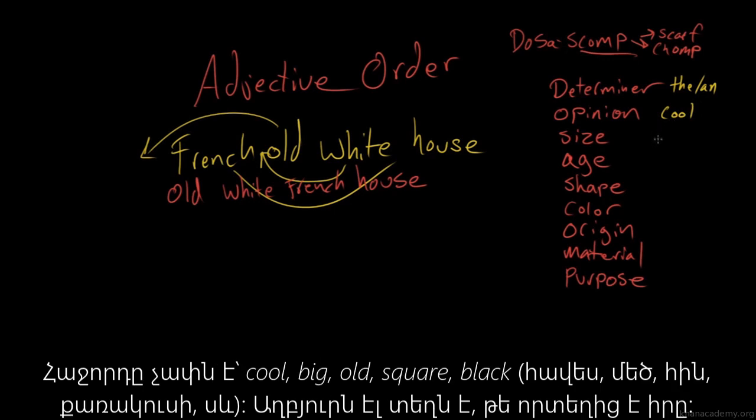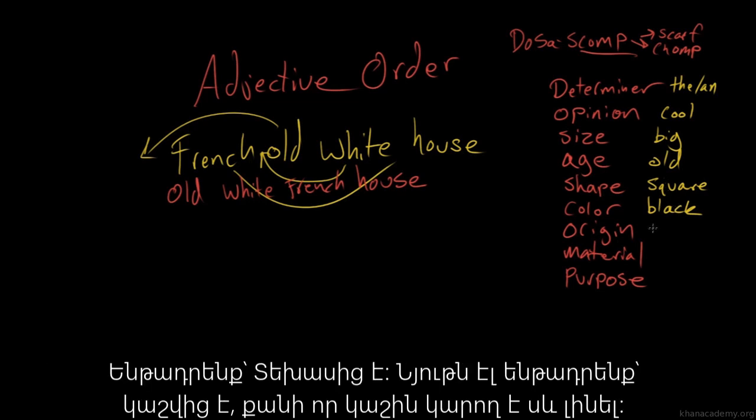Size, so the cool, big, old, square, black. An origin usually can be where it's from. So let's say Texan, and then we have material, so let's say leather, because leather can be black, and then purpose.